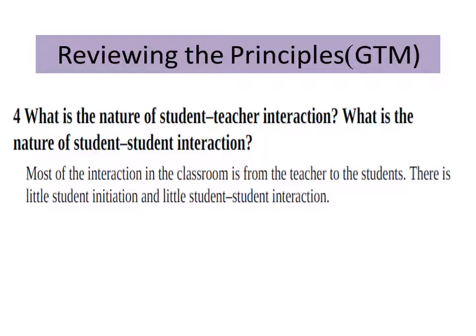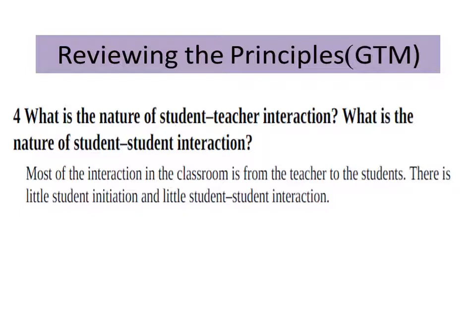We mentioned that the grammar translation method is a teacher-dominated method in which most of the activity is done by the teacher who directs and controls the students, and the students only respond to and learn what the teacher introduces.